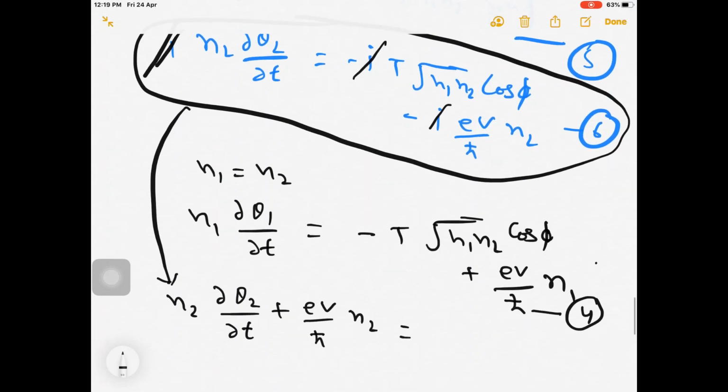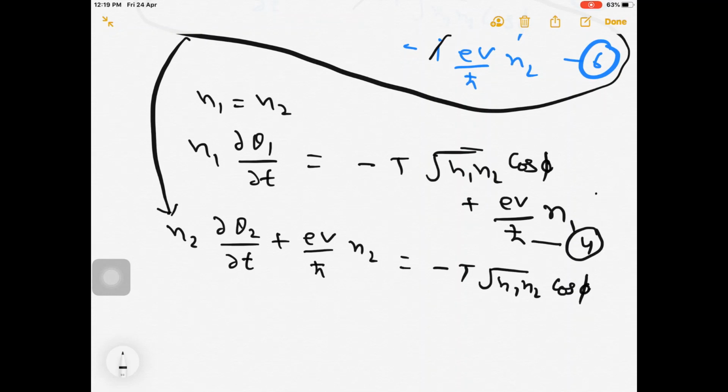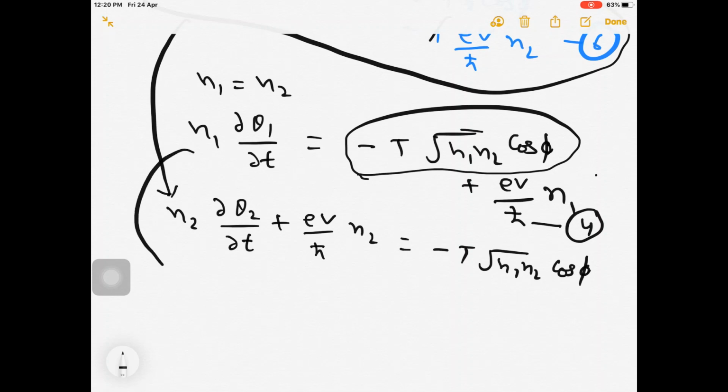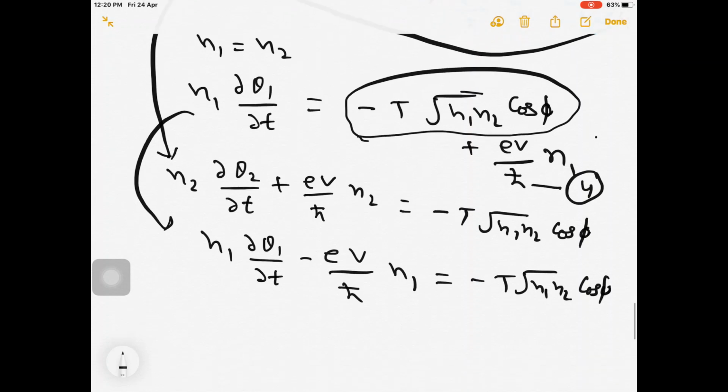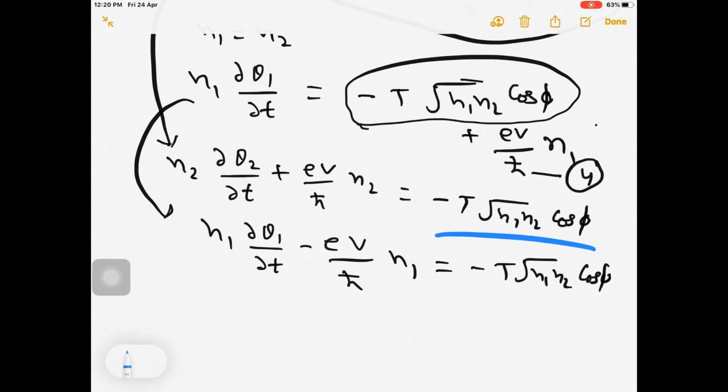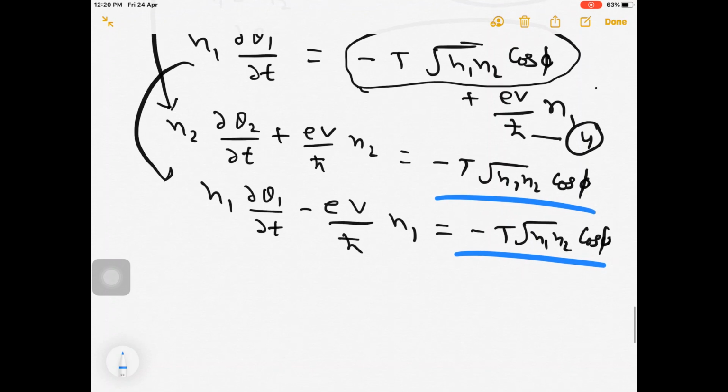Similarly you can write down the value of this term: n1 ∂θ1/∂t − eV/ħ n1 equals −T√(n1 n2) cos φ. n1 and n2 are the same, so the right hand sides of both equations are the same, so I can write the left hand sides equal to each other.